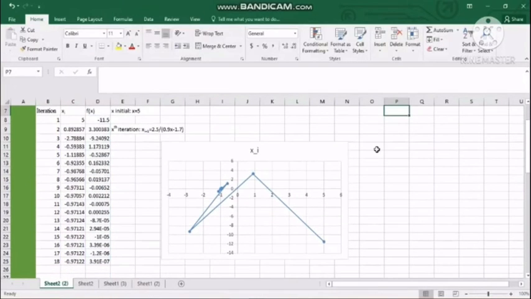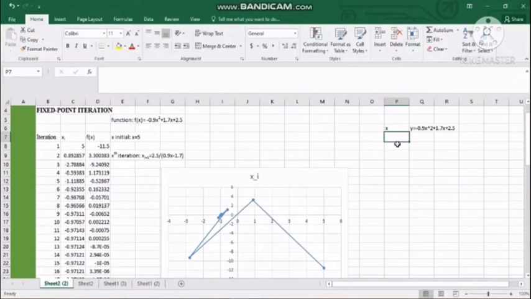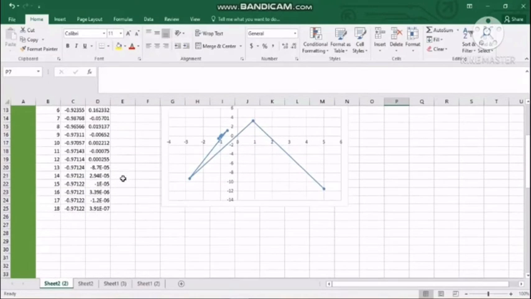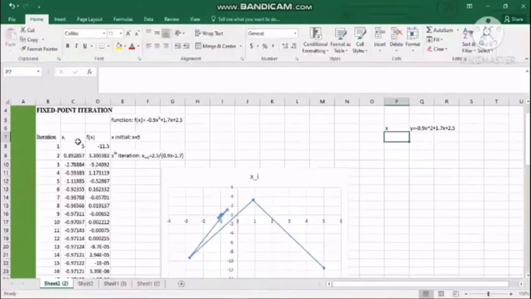To get the x and y values of the trend, we will get the lowest then the highest value, which is negative 2.78.